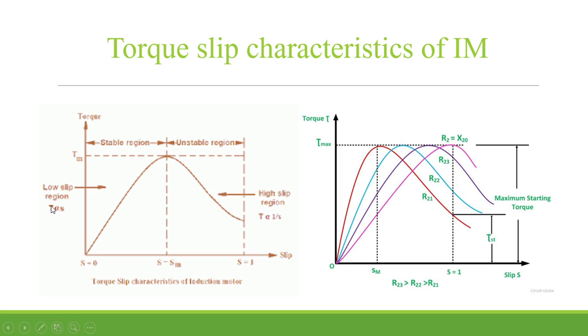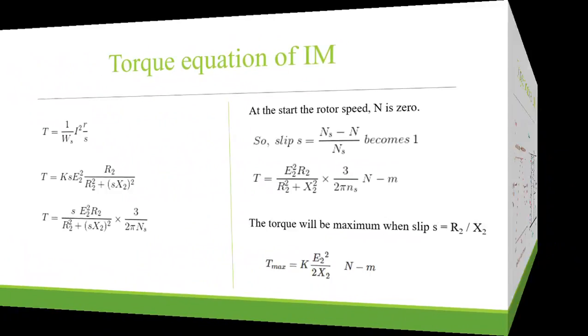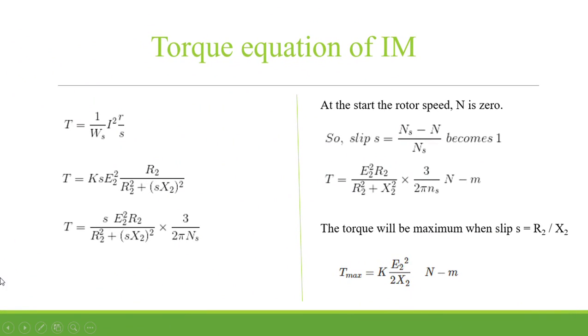So let us see what happens for this low slip region. This portion from 0 to some value we are considering as the low slip portion. If S is very low, near about 0, not exactly 0, and we are taking the square of this quantity, this term will also be very small.